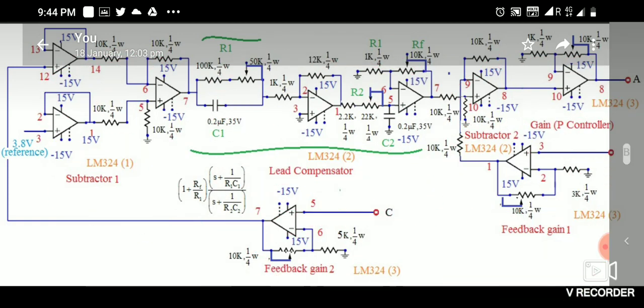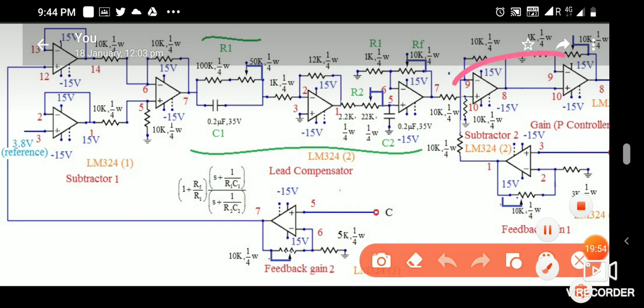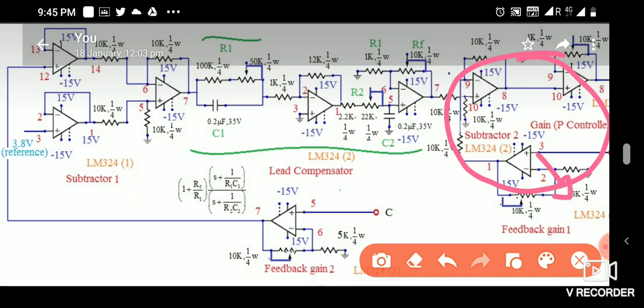One thing you have to remember: this loop should be faster than the outer loop, because the actuator is in the inner loop only. So the inner loop should act fast. This is important. Now please see that pin number 3 is coming from the current sensor, and this pin is coming from the position sensor.